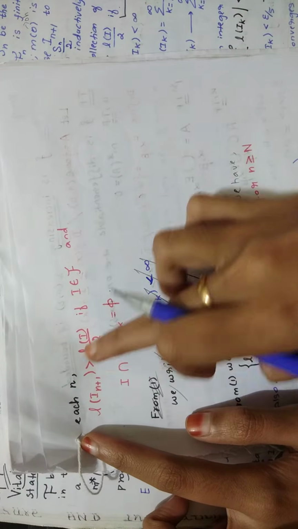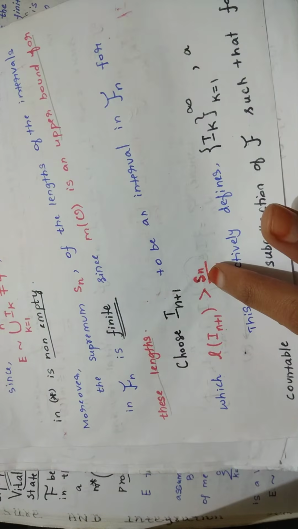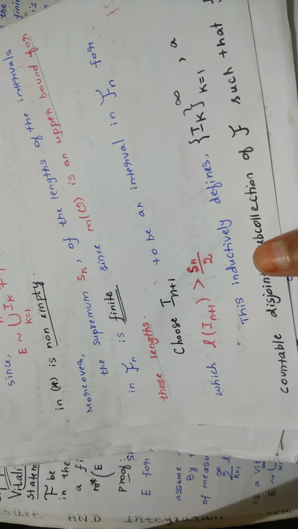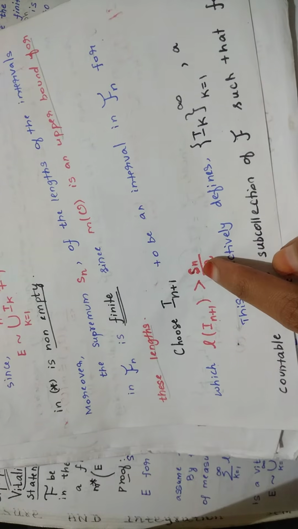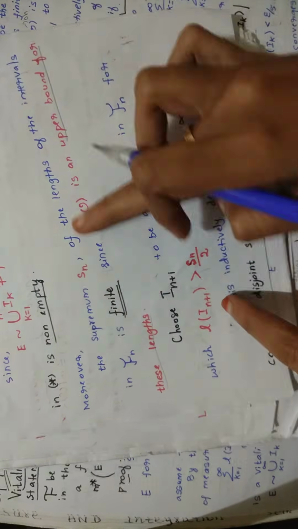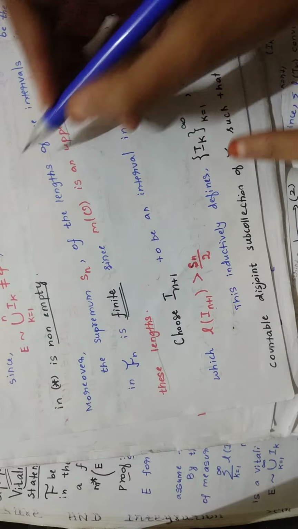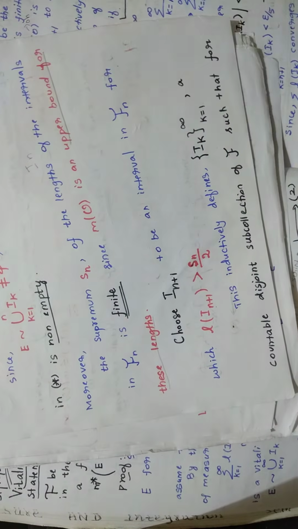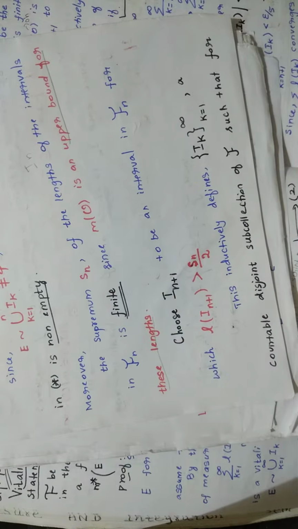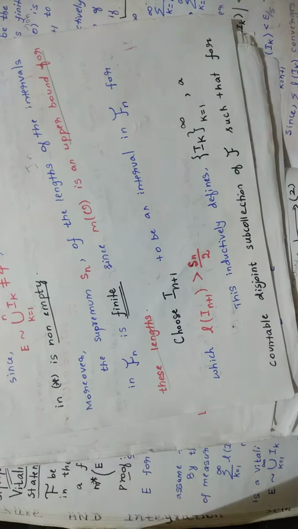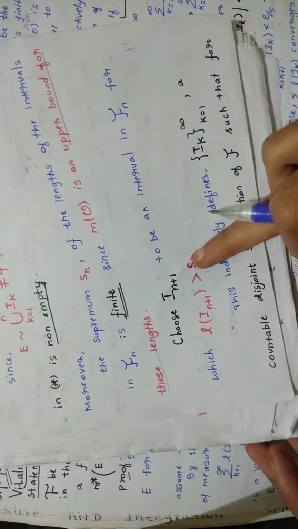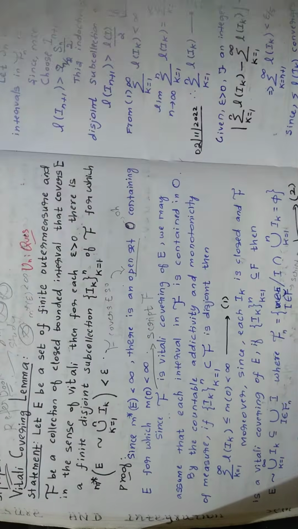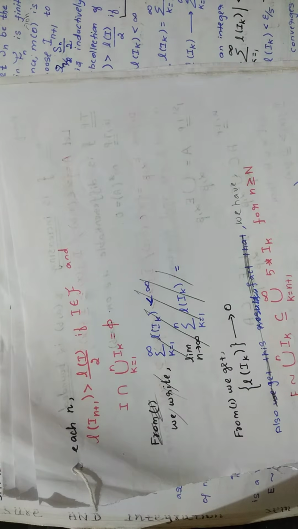The length of In plus 1 will be greater than, in the place of Sn, now you are putting in, okay? Because this Sn is the supremum value of the length of the intervals till In. For n intervals you are writing I1, I2 till In, no. So that is why now in the place of Sn here you are writing L of I. Okay.